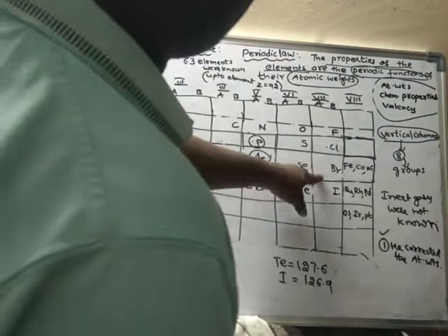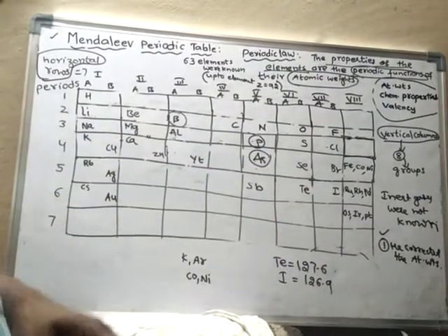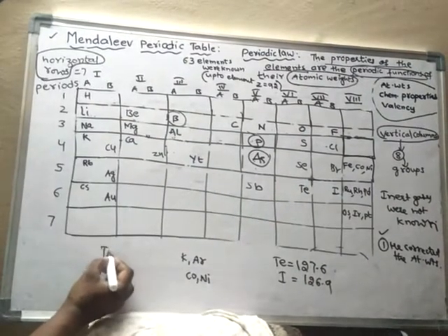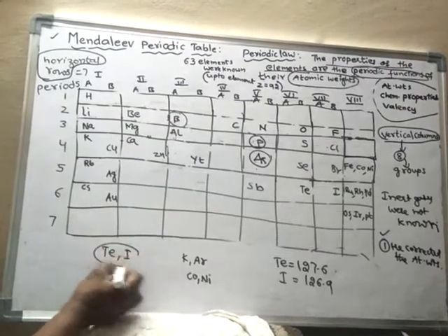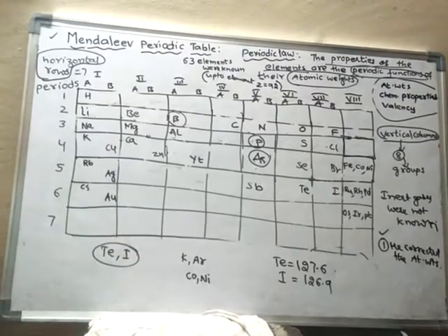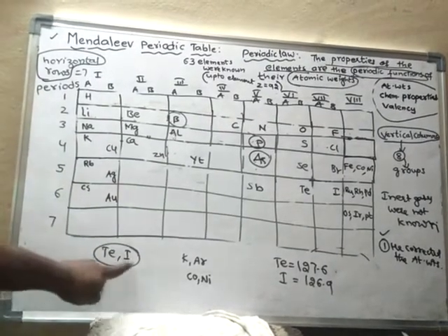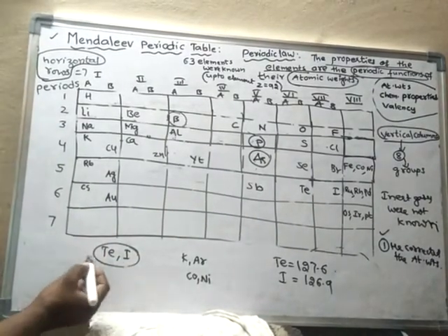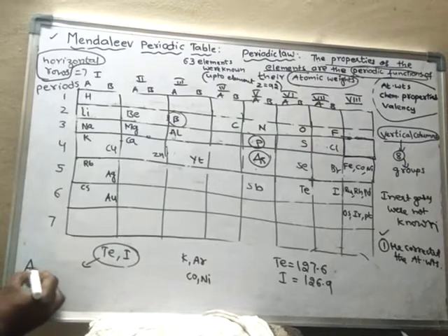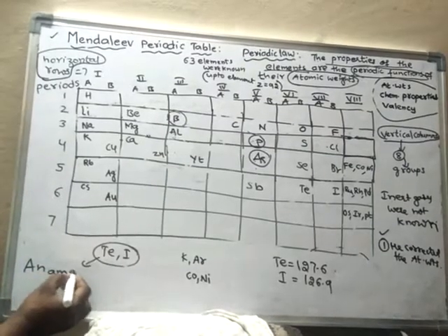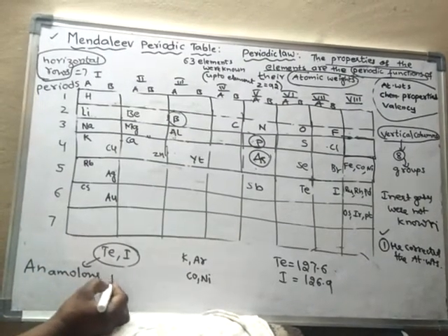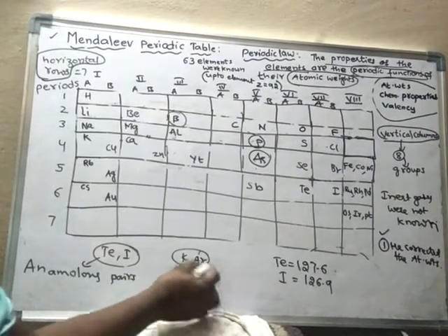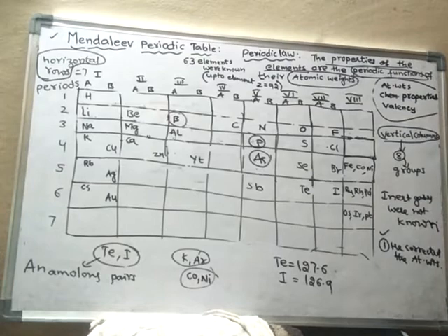Why did he exchange the places? Here tellurium and iodine exchanged their places, and such pairs of elements are said to be anomalous pairs. There are so many anomalous pairs in the Mendeleev periodic table.